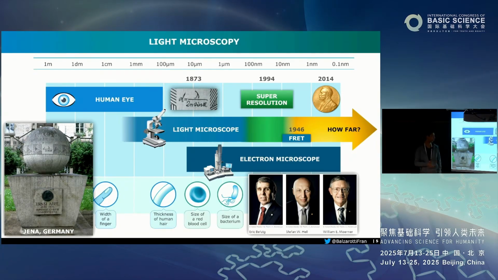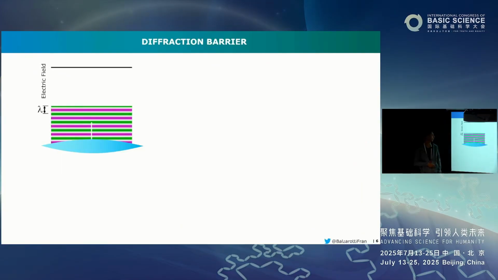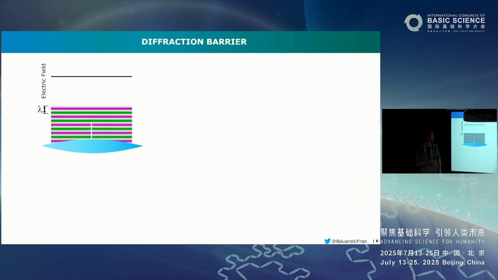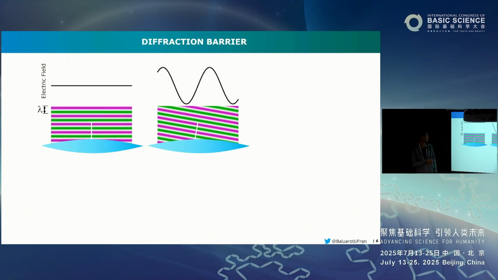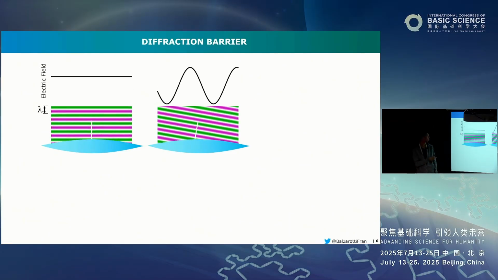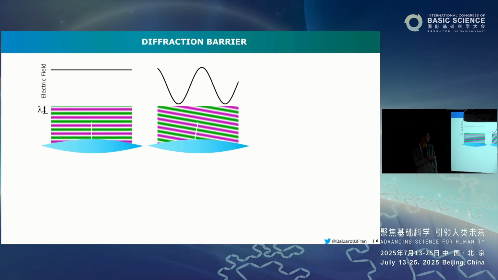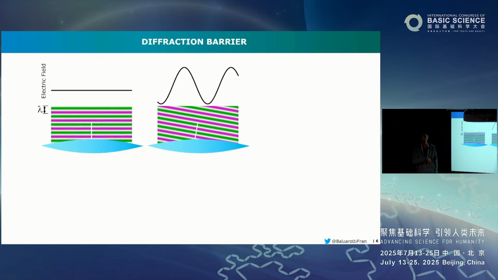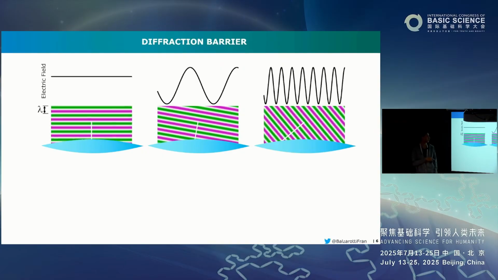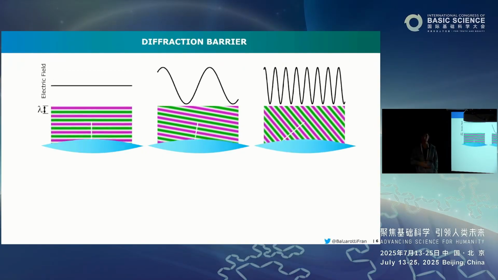light-based probing. So the diffraction barrier is associated to how light behaves when you focus it. Basically, if you have a plane wave incident on a sample and you plot the electric field on the surface, when you have a tilted incidence, you're going to see some structure, and the higher the angle, the higher the structure you can see.